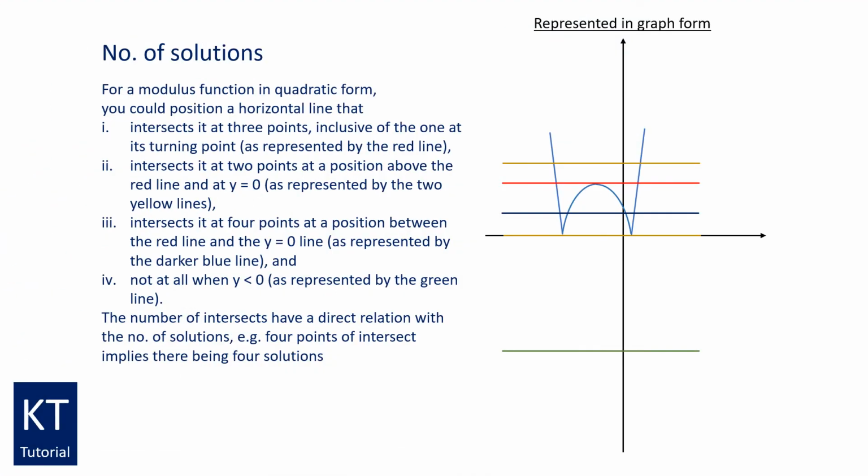By applying what we have learned to a modulus function in quadratic form, you could see 4 situations. You could position a horizontal line that: 1, intersects it at 3 points, inclusive of the one at its turning point, as represented by the red line. 2, intersects it at 2 points at a position above the red line and at y equals 0, as represented by the two yellow lines. 3, intersects it at 4 points at a position between the red line and the y equals 0 line, as represented by the darker blue line.